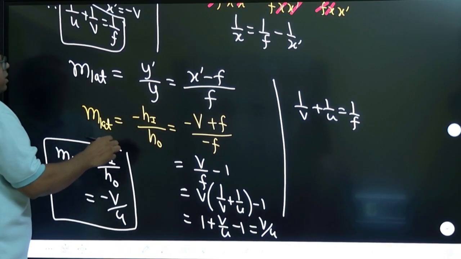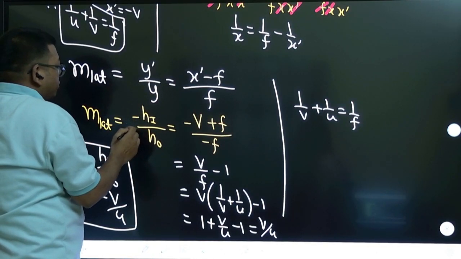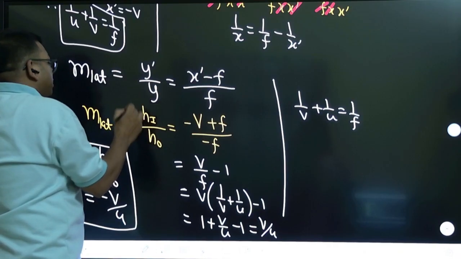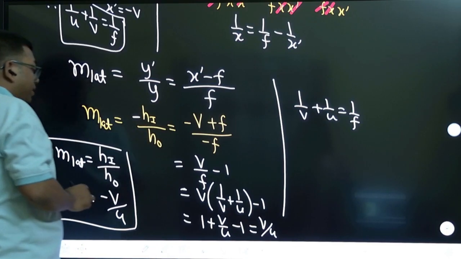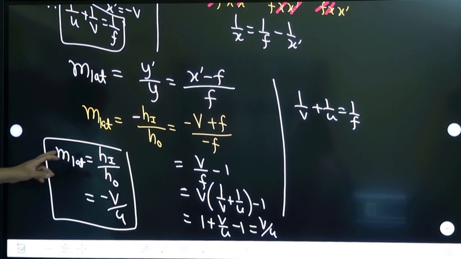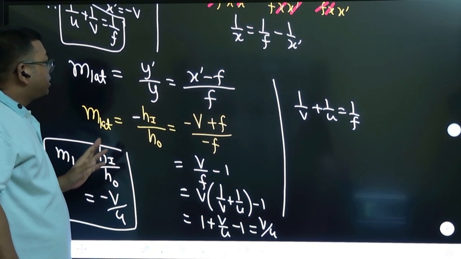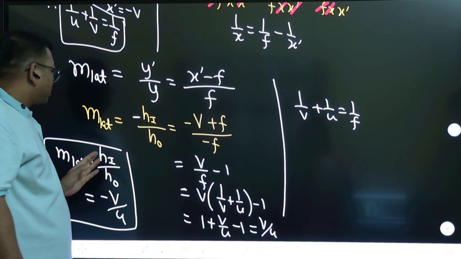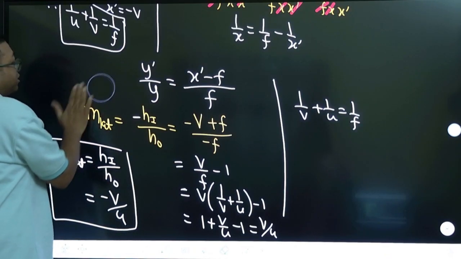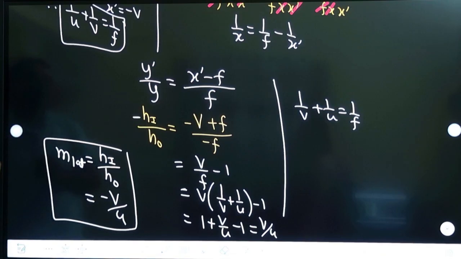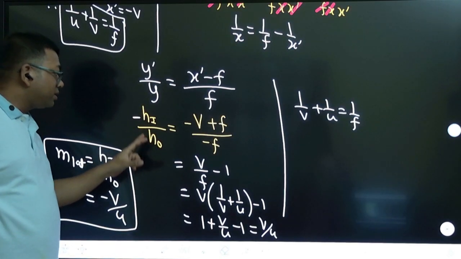Here we are taking just the magnitude. So y dash by y we have got: minus h dash by h naught.